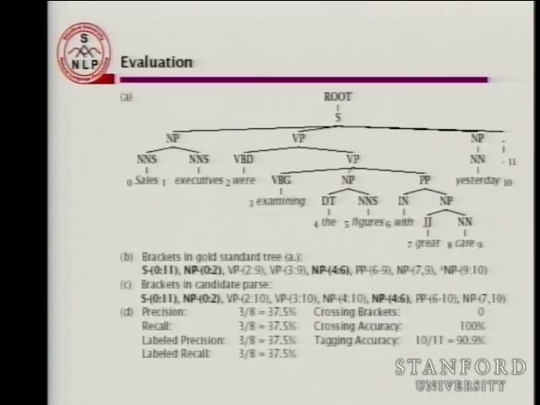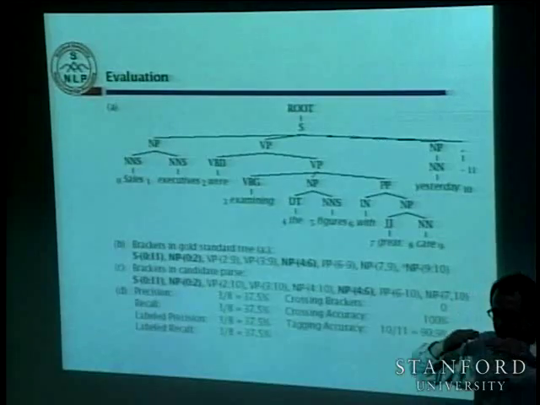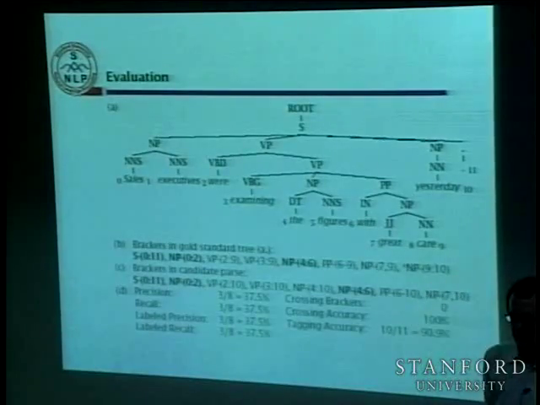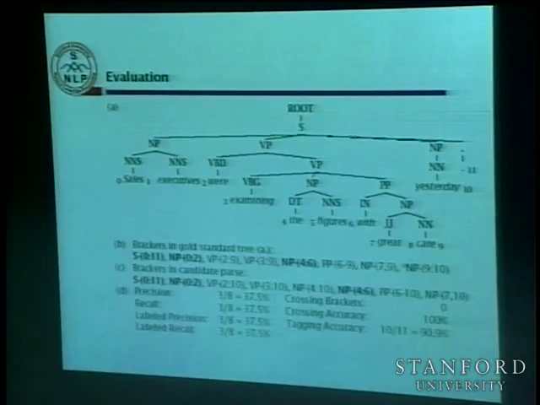If you make a mistake in the attachment of something, you'll get an effect that will also cause you to have errors up above that in the tree. So one mistake in attachment can cause multiple mistakes in labeled precision, labeled recall. Notwithstanding that, it works okay as a measure. It's what people use, and it's what we use in the assignment.